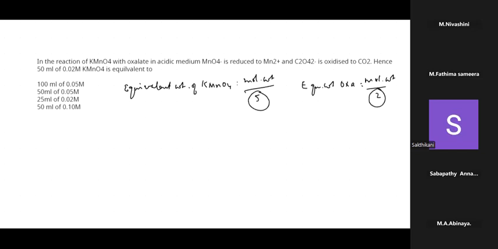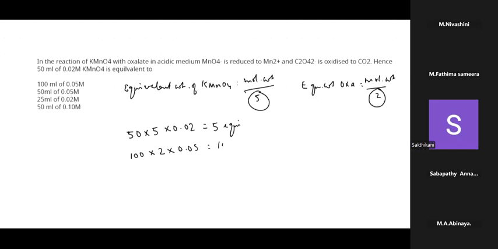Therefore, what is taken is 50 ml into the valency 5 into 0.2 molarity. This comes out to be 5 equivalents. Now calculate the equivalence of all these things and find out which matches. So 100 into 2 into 0.05 will come out to be 0.1, so 10 equivalents.